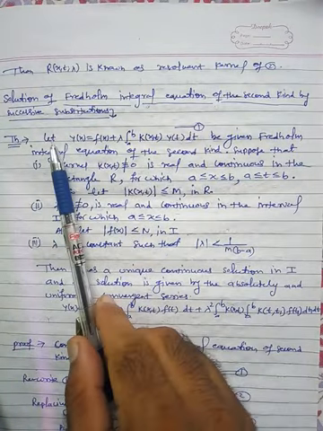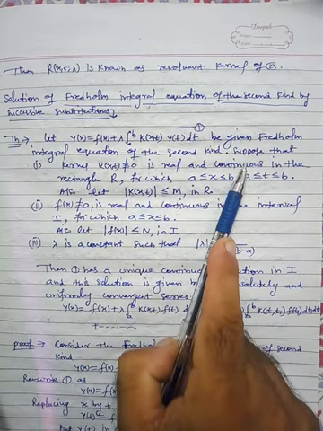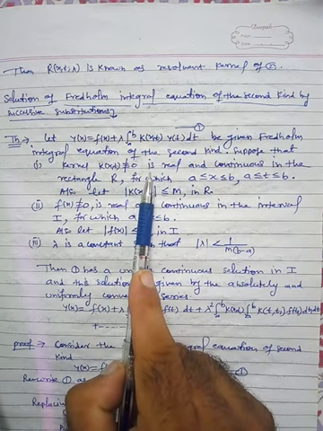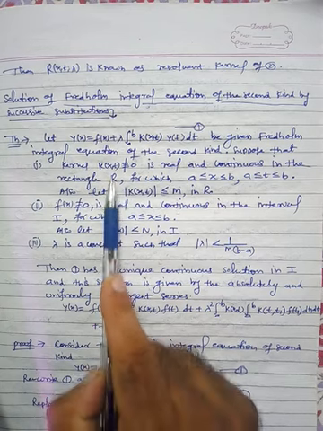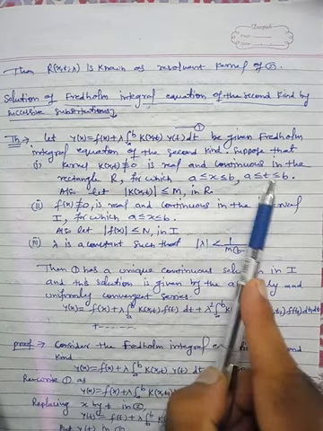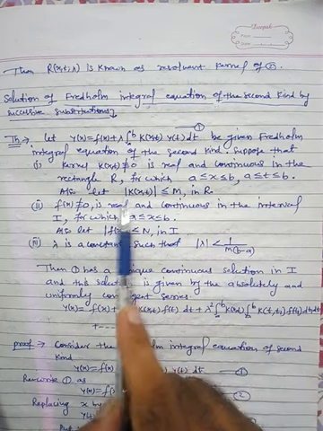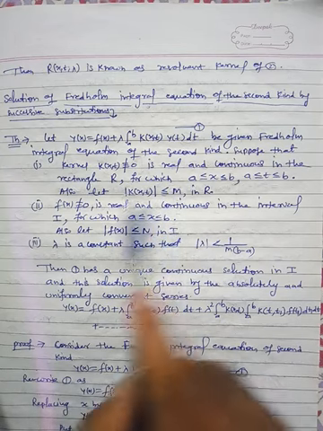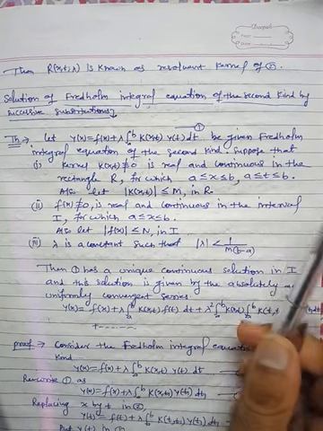What does the theorem say? This is the Fredholm integral equation of second kind, and suppose that the kernel K(x,t), not equal to 0, is real and continuous in the rectangle R, defined by x varying from a to b and t varying from a to b, and also the magnitude of K(x,t) is less than or equal to M in R. That means the kernel is bounded and non-zero in this rectangle.